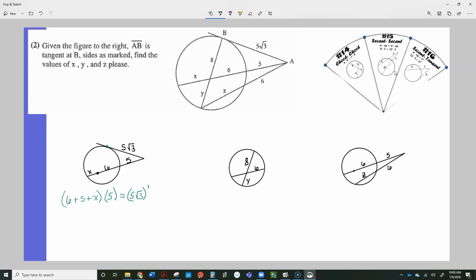So this shortens into 11 plus x. And then I've got to multiply that times 5, which means I need to distribute the 5. So 55 plus 5x. And then on this one, I've got to square the 5, and I've got to square the square root. So that becomes 25 times 3, because the square root and the square cancel each other out. So this becomes 55 plus 5x is equal to 75.